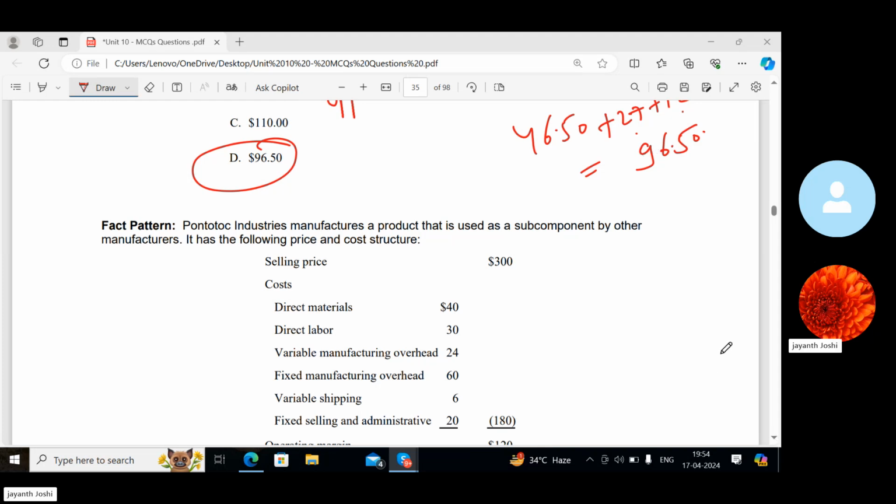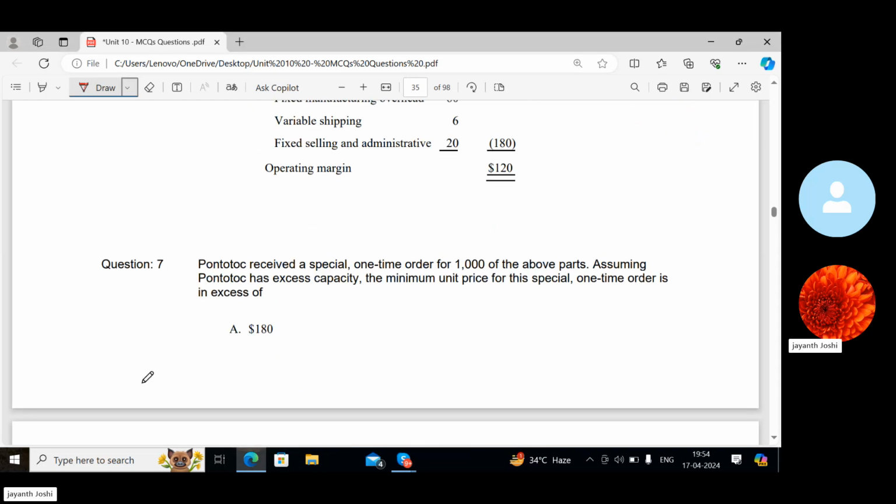See, the point here is we have to find out this variable cost. The company received a special order, assuming they have excess capacity. If they have excess capacity, they are not going to stop something they are doing currently and put the resources into another project or alternative, right?